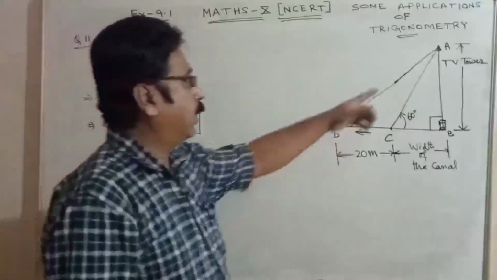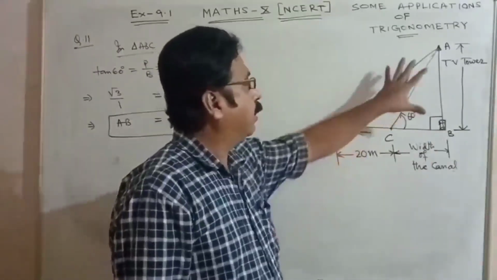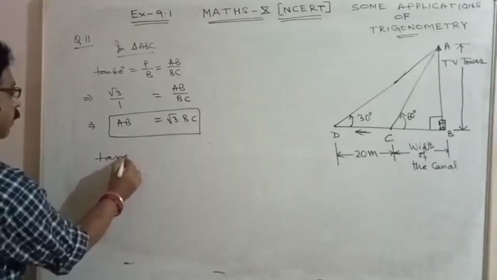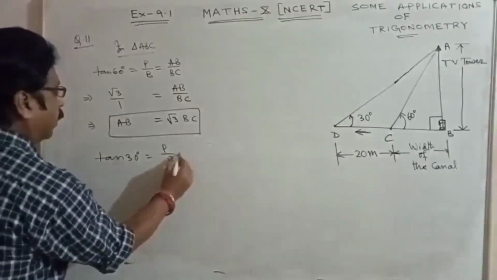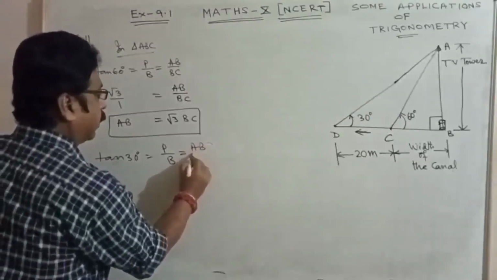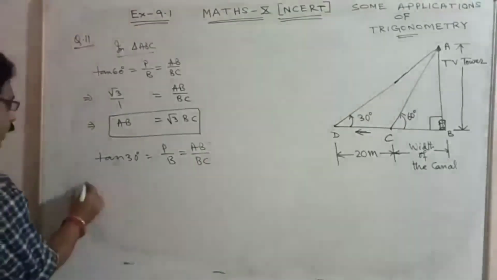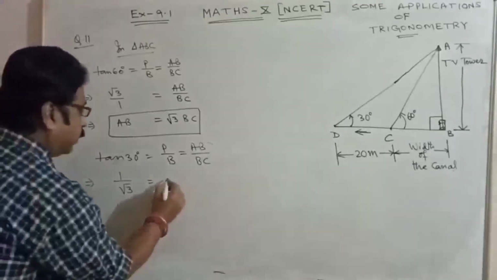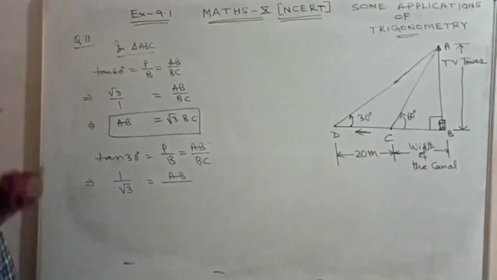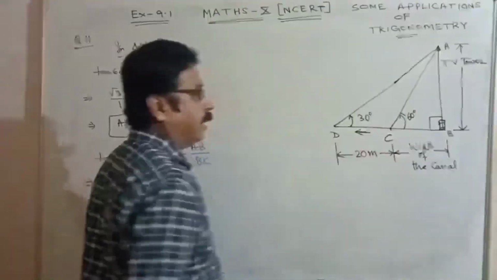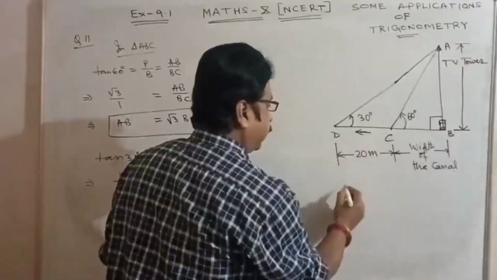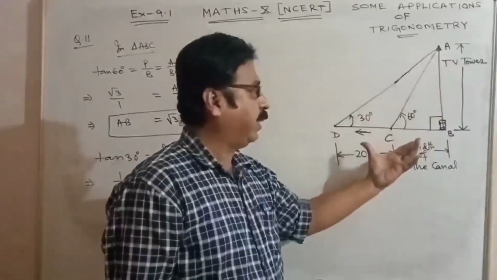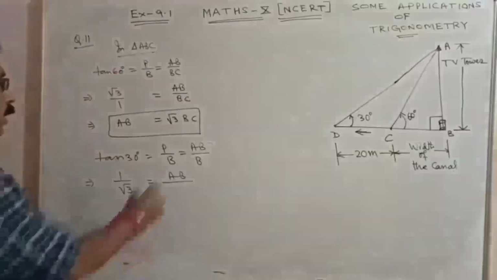Next, triangle ABD. Perpendicular is AB, base is BD. Tan 30 degree equals AB upon BD. Tan 30 means 1 upon root 3 equals AB upon BD.